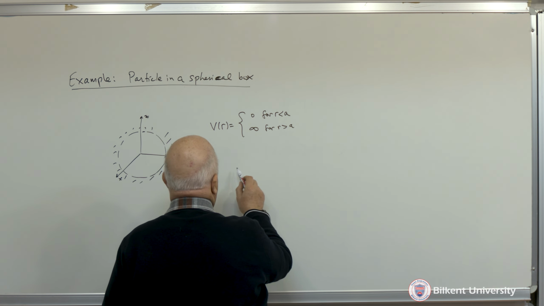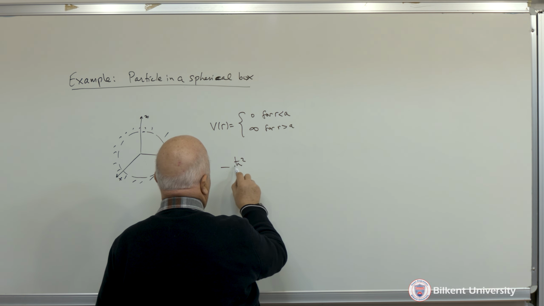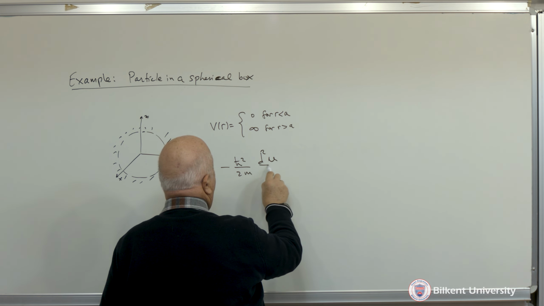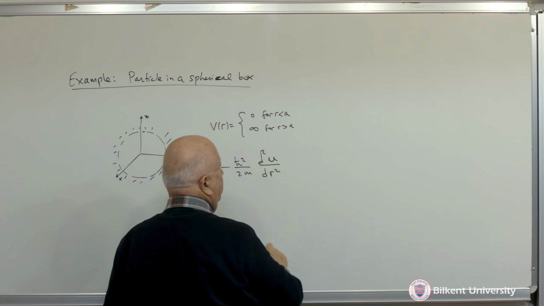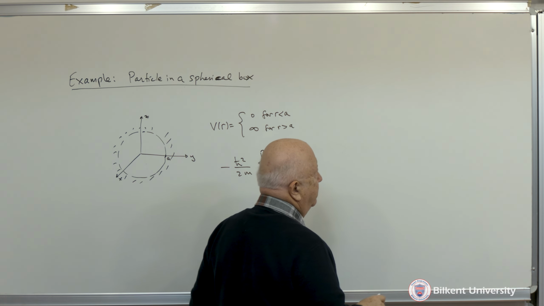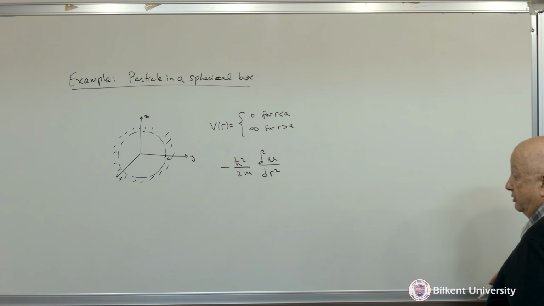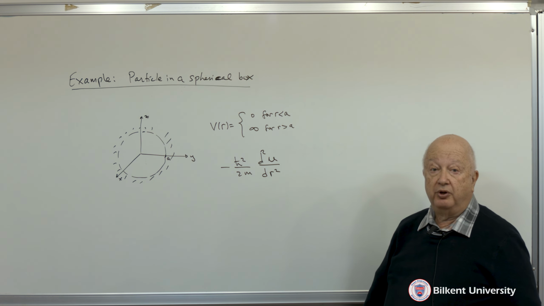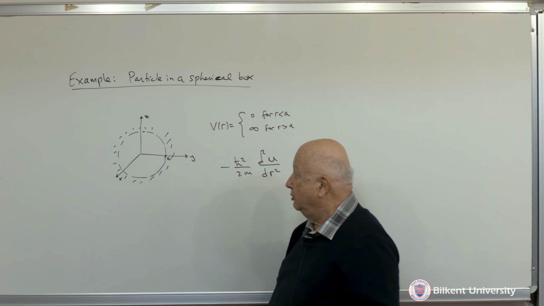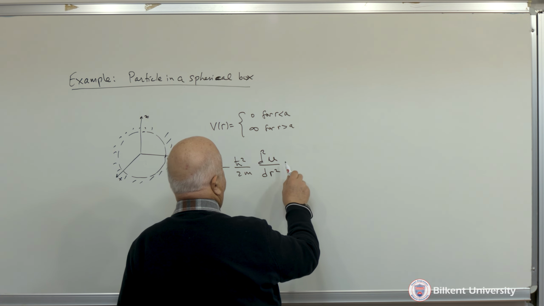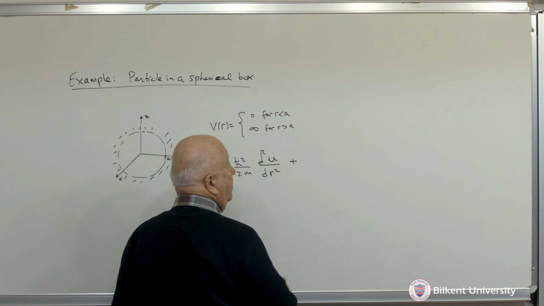In the region of interest, this V of r is 0. So I get an equation which says minus h bar squared over 2m d squared u d r squared. Remember that once we find u, we have to go back to the radial function R of r to evaluate expectation values or things like that. But this is a simpler equation to work with.